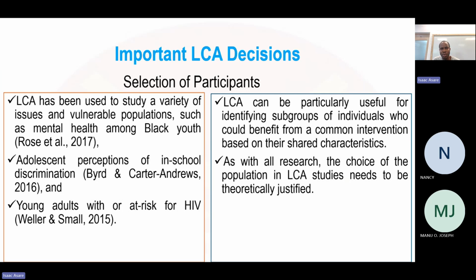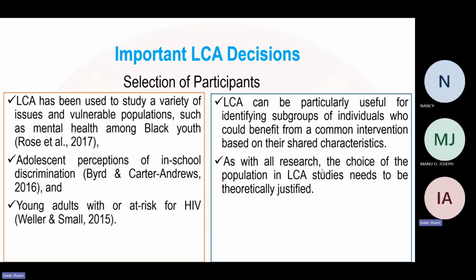If you're looking at adults, you need to define it clearly. It will help you if in future you want to do what is called an intervention. If you're unable to select the participants very well, it will be difficult if you need to do an intervention. So let's take note of that.